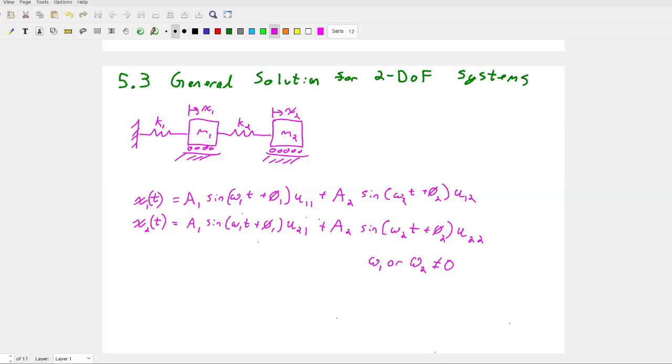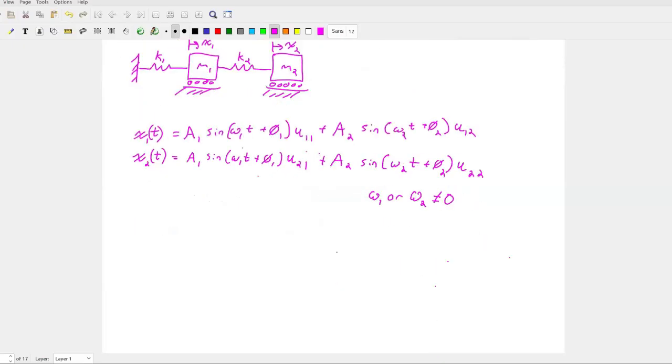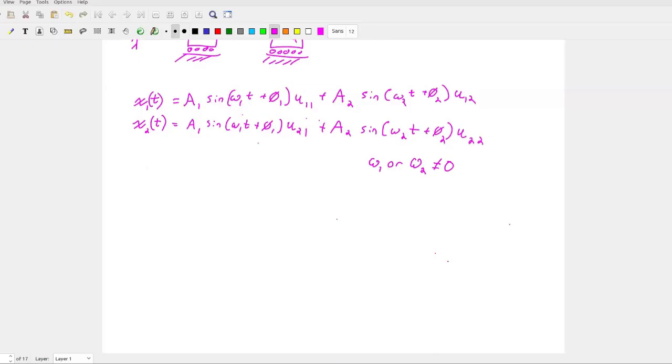And when we start to work with multiple degrees of freedom, we want a way to write this more compactly. So we can put this into matrix vector notation, right?